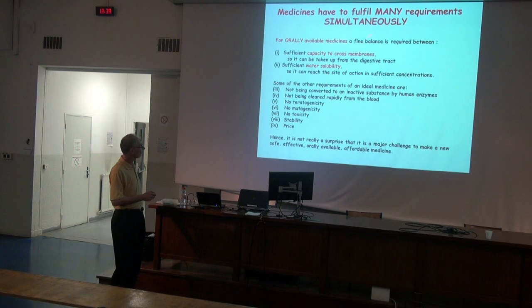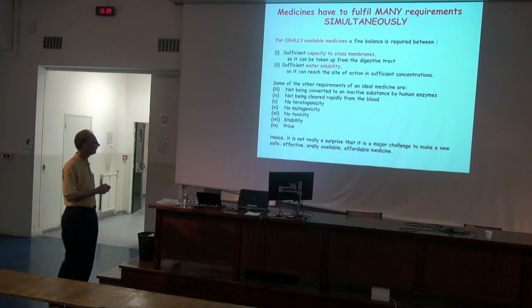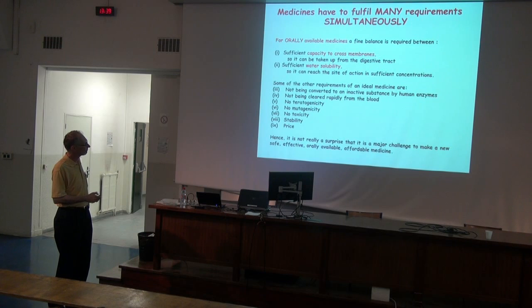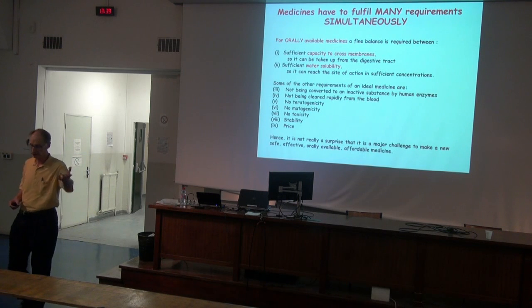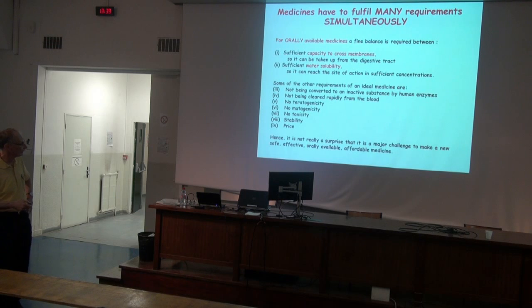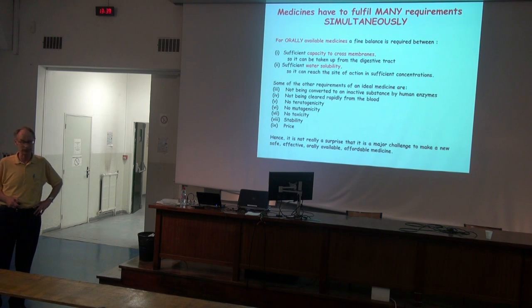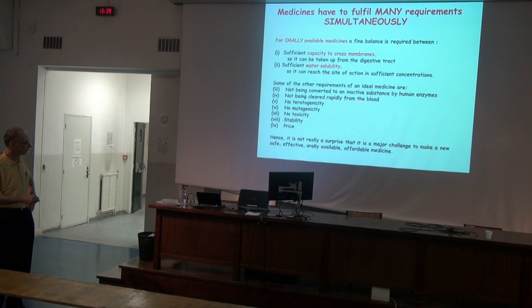But to get to a drug, it takes a fine balance. For instance, you have to cross membranes, so you'd like to be a little bit hydrophobic, but you also have to be sufficiently water soluble. Otherwise, the blood doesn't transport it to the site of action. You should not be converted into another substance by human enzymes, and we have plenty of those. Clearance from the blood.